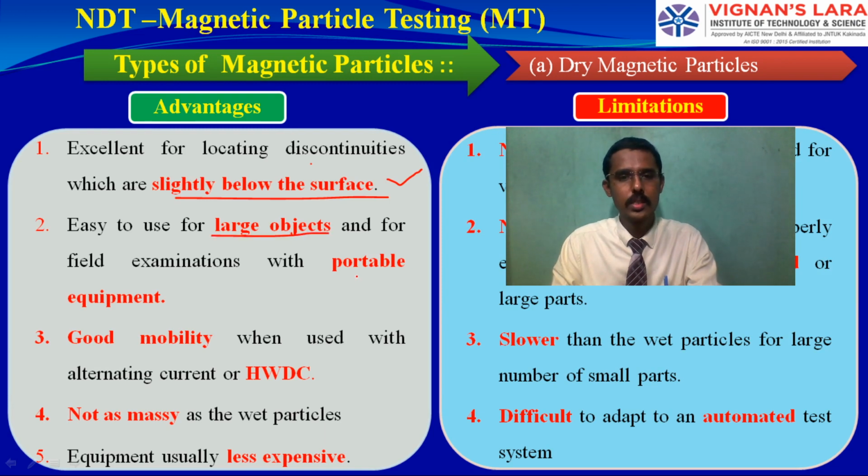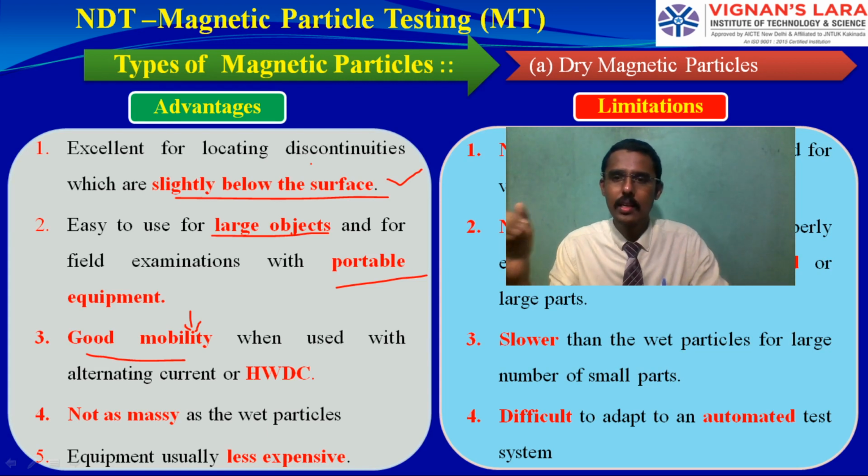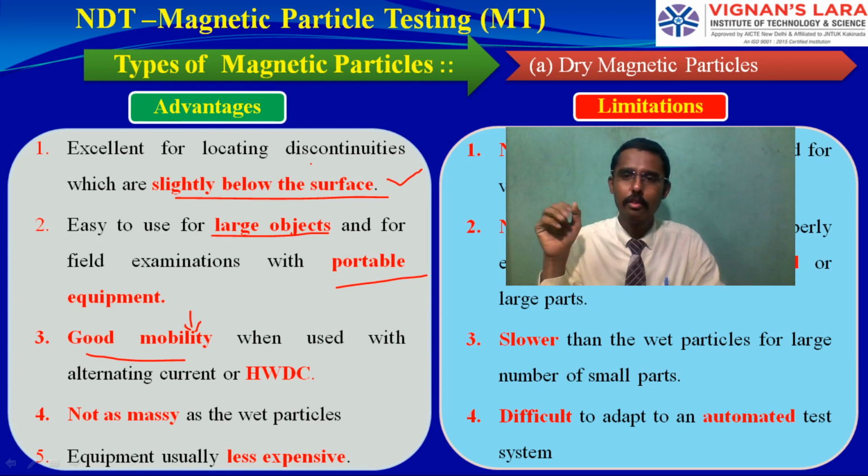So the large objects and the portable: good mobility. It is portable, therefore it is directly related to good mobility. So when we are using half wave DC, we have seen the types of currents: DC current, alternating current, half wave rectified alternating current, full wave rectified alternating current.